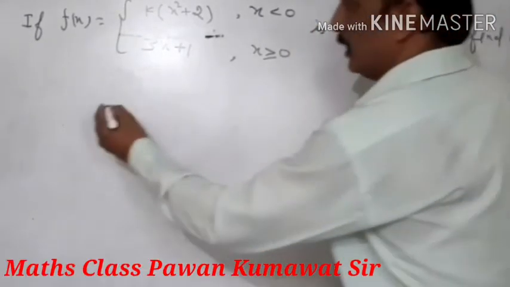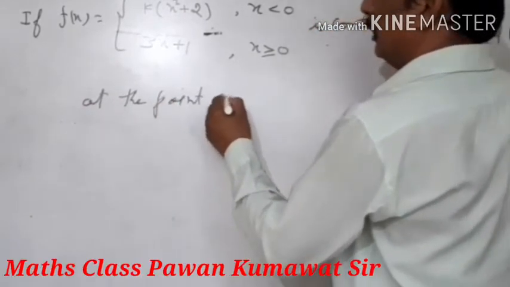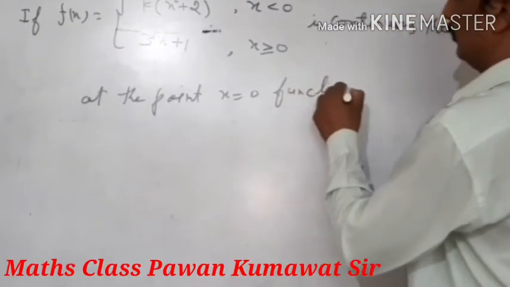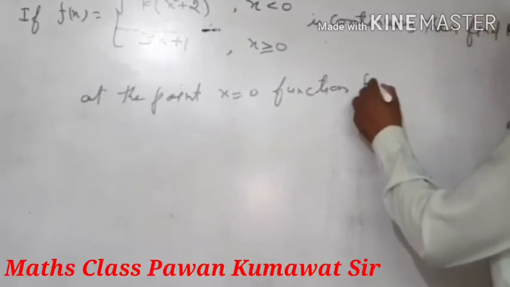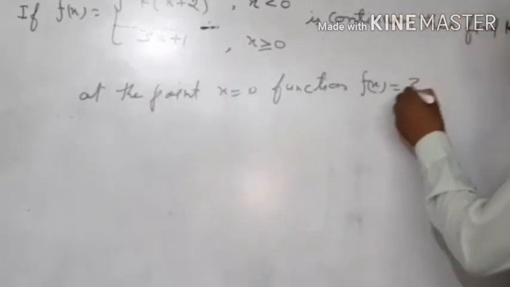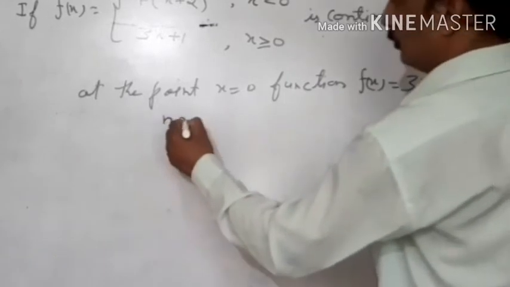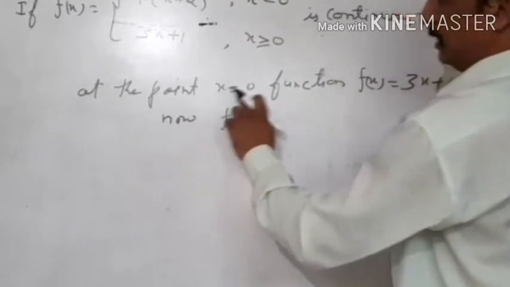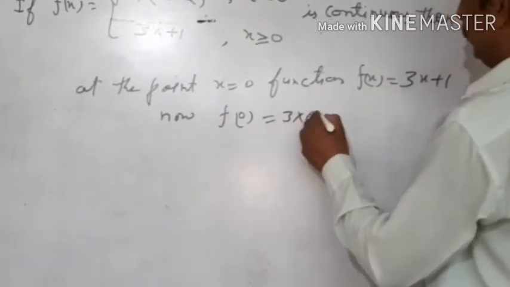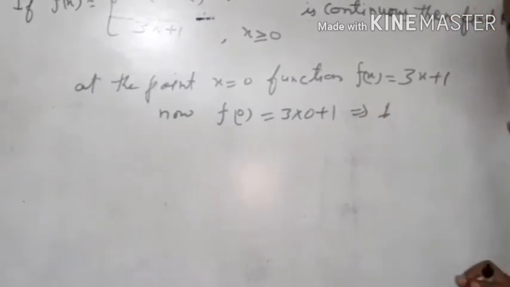Now at the point x equal to 0, the function f(x) is equal to 3x plus 1. Now put x equal to 0 here, so f(0) is equal to 3 into 0 plus 1, which is 1.